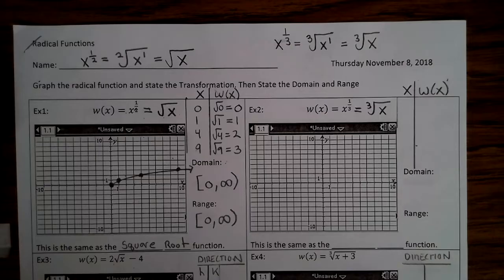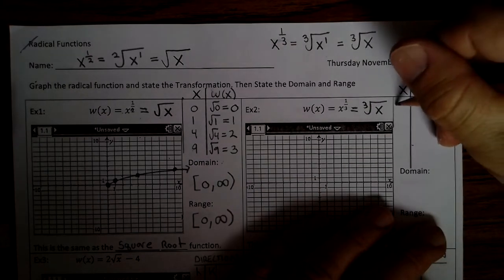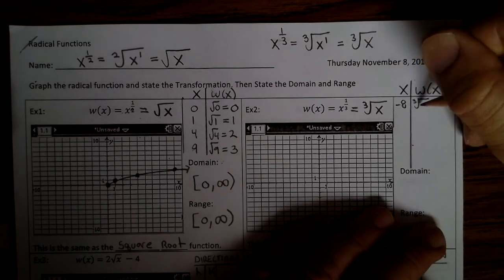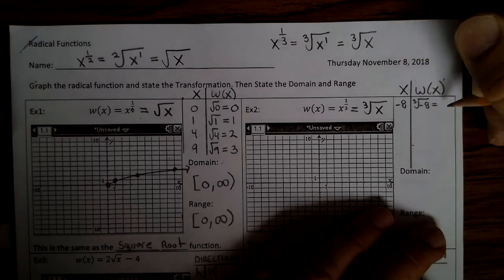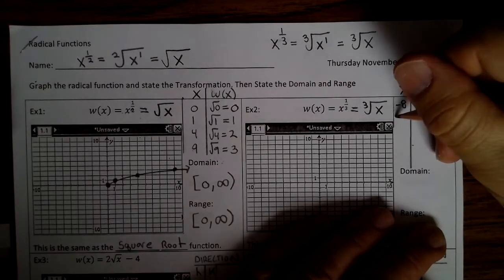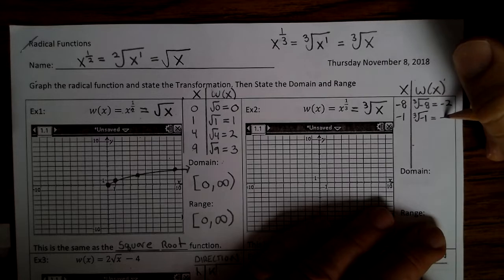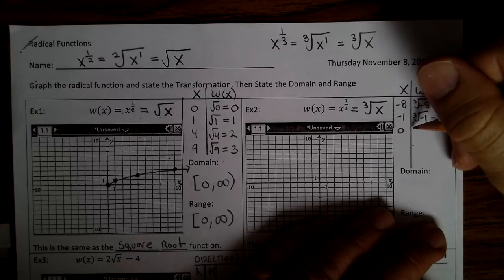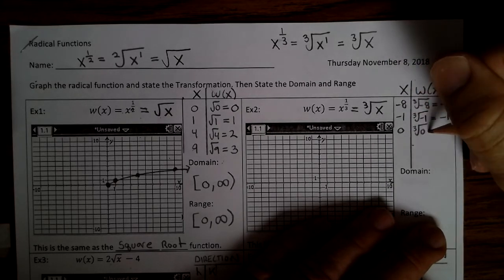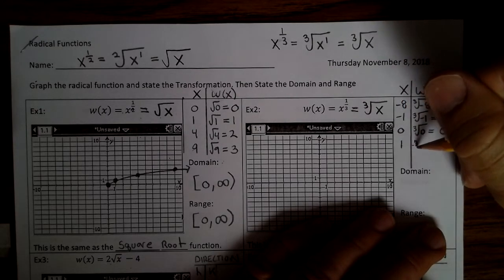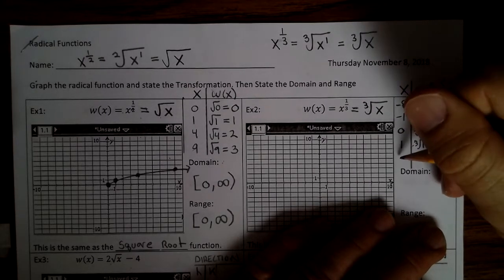The cube root of -8 is -2. The cube root of -1 is -1. The cube root of 0 equals 0. The cube root of 1 is 1, and the cube root of 8 equals 2.